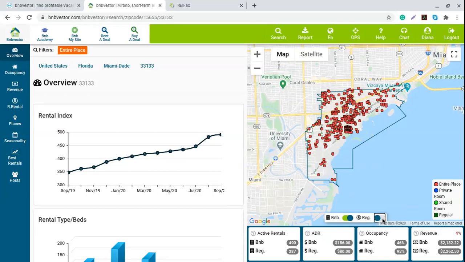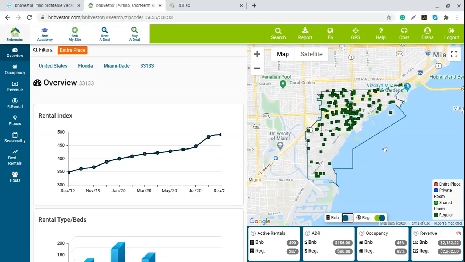Or if I only want to see the regulars, I need to turn them on and turn off the B&Bs, okay? Now, if I want to see the information of any of these, I just need to click on the points. You can zoom in using the plus sign or the negative sign right here, but you can also do it with your scroll wheel with your mouse, okay.